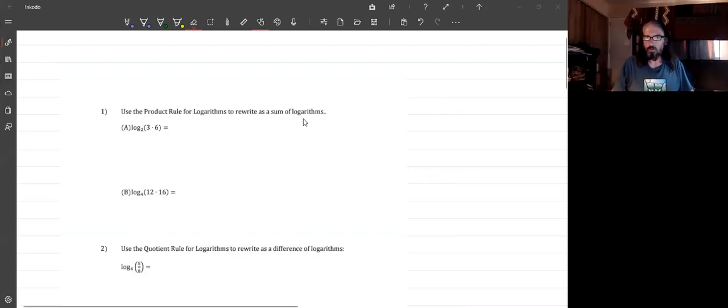This first one, with two parts, we're supposed to use the product rule for logarithms to rewrite as a sum of logarithms.